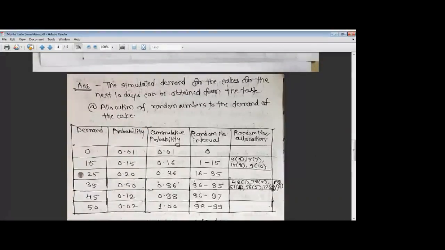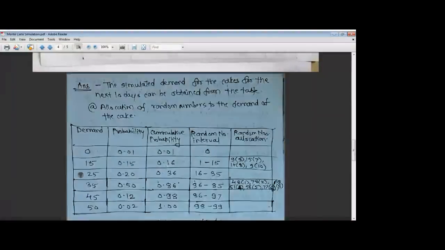Next step is to find the cumulative probability, so we'll have to add all these values in a cumulative fashion. The first value we have is 0.01. The next value we have is 0.15, and we add these two values, so it will be 0.16, right?